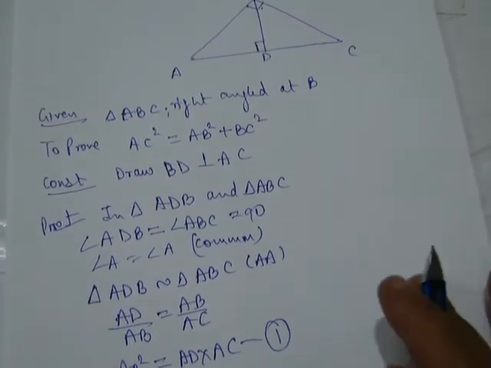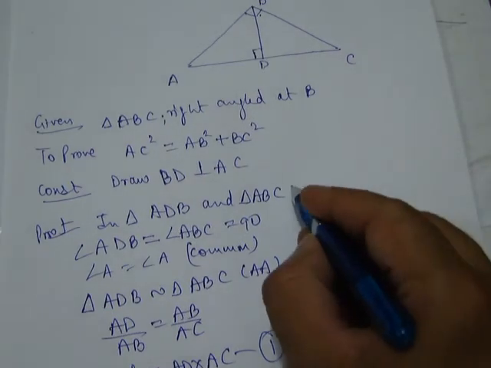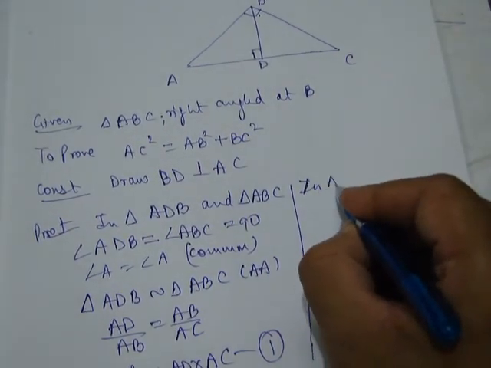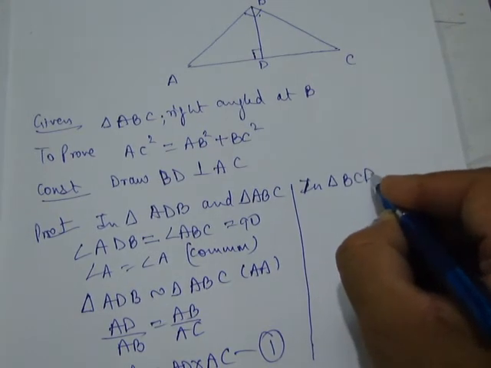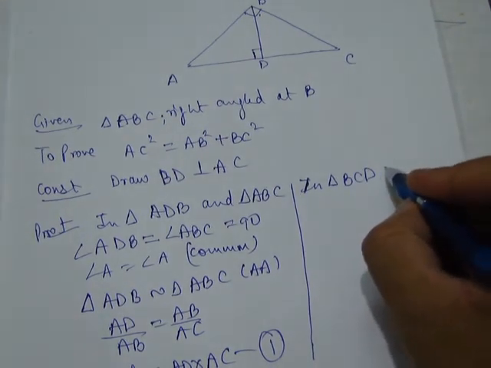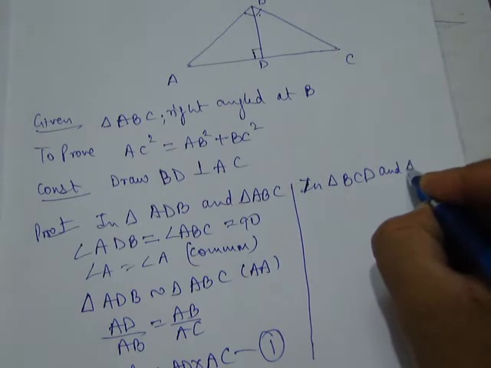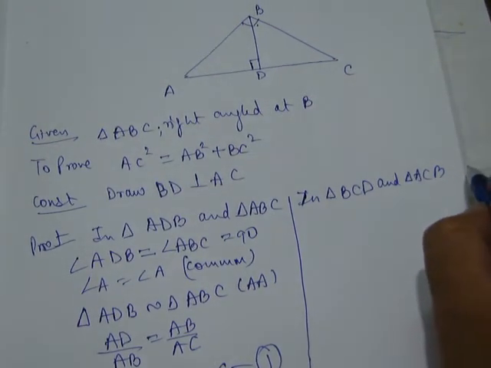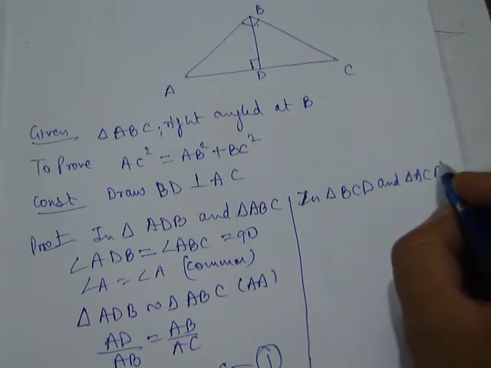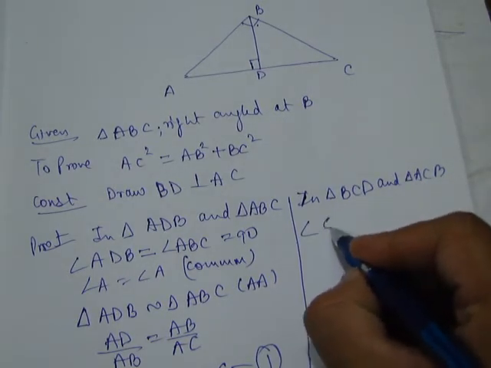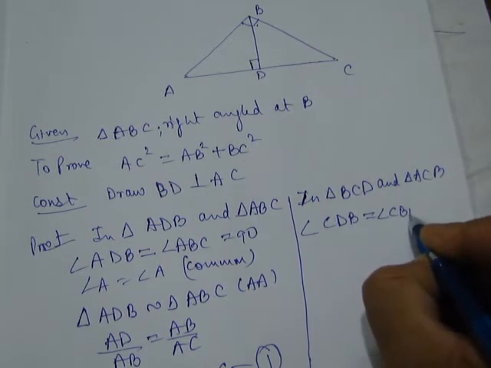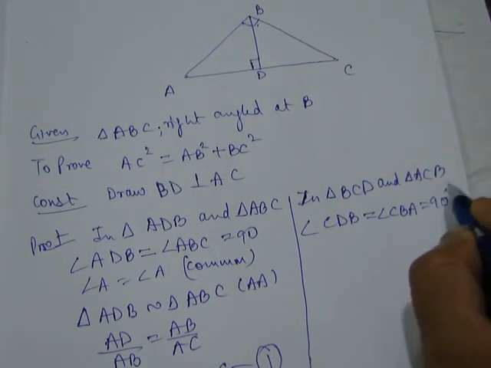Similarly, if you look at the triangle BCD, that is in triangle BCD and triangle ACB, you will find that angle CDB is equal to angle CBA, that is 90 degrees.